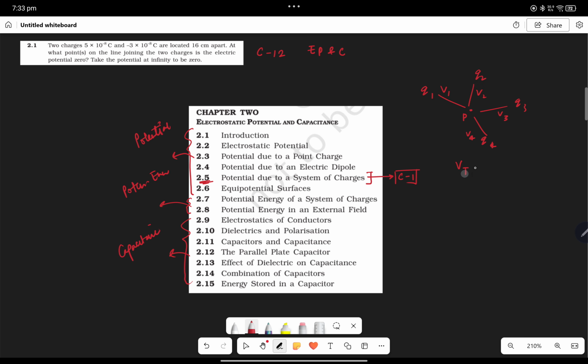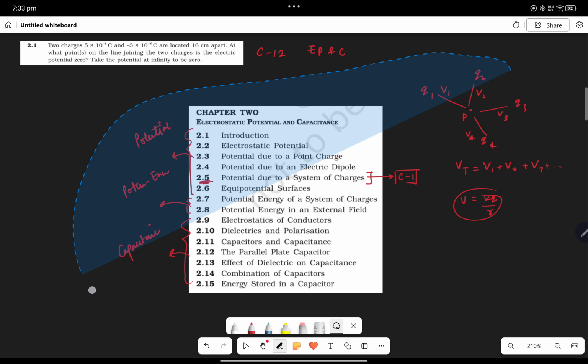The V total is the algebraic sum of all these potentials. So this is the concept, and the potential is equal to kq by r. This is the concept in this topic.